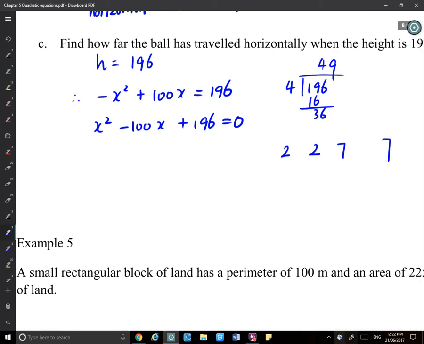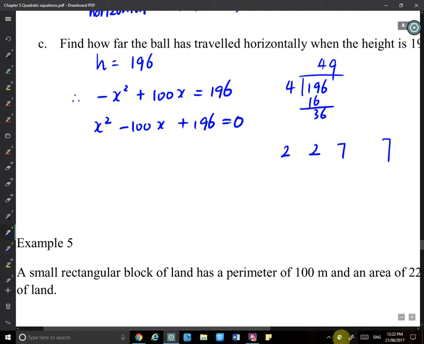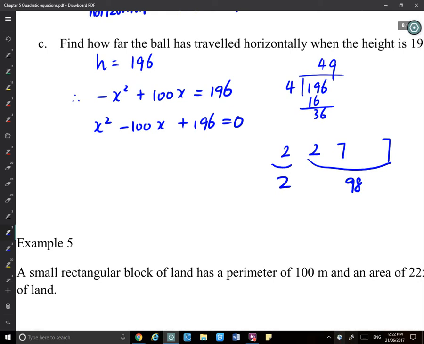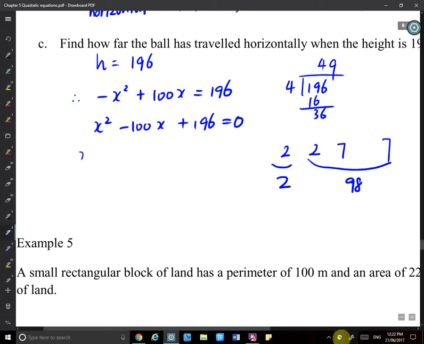Let me have a think. 49 times 2 gives you 98. So 2 and 98 will give you 100. So x minus 2 and x minus 98 will give you 0.